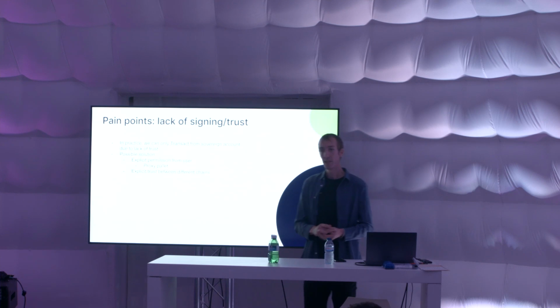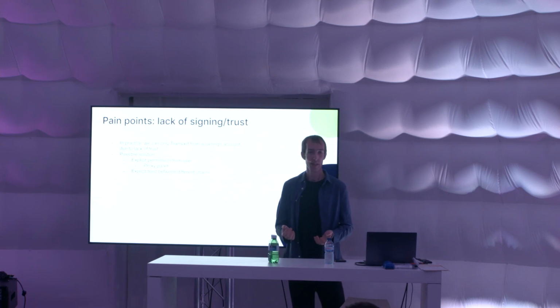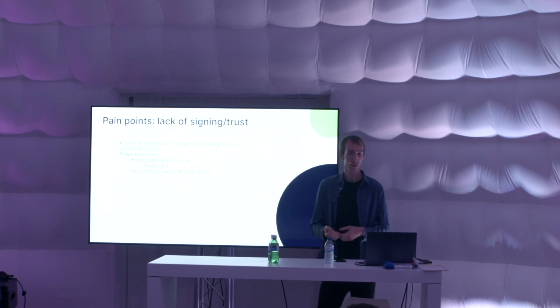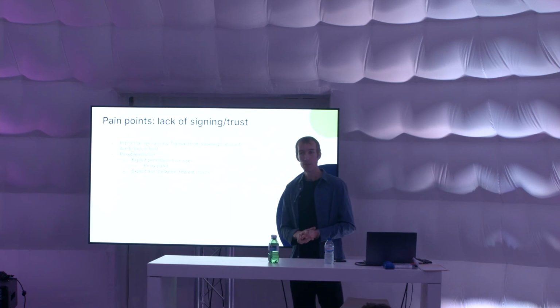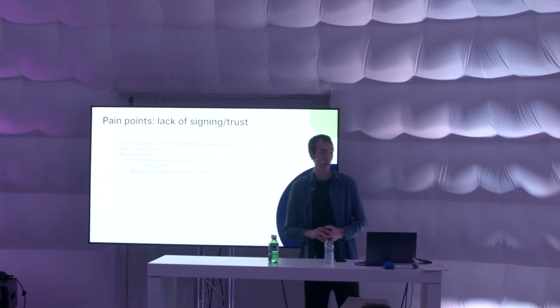But if you want to do something on behalf of a specific user, then it's not really possible, because how do you know that this user on the sending chain gave permission to send this extrinsic? You don't.